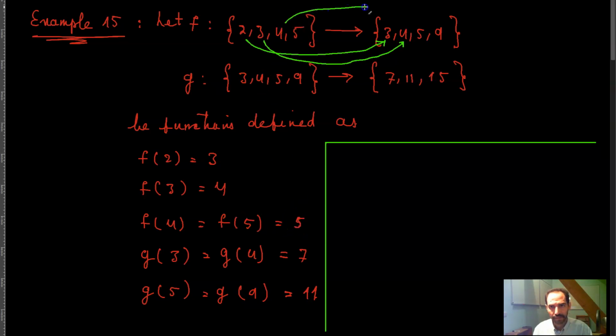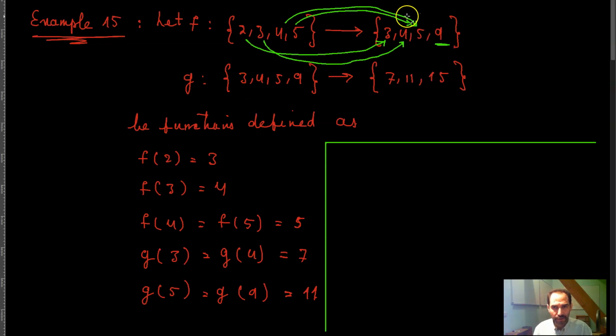So 4 is being mapped to 5, and also 5 is being mapped to the same element 5, right? So this element is covered, this element is covered, these two elements are covered. This element is not the image of any of the elements in the domain of the function, which is not a problem.